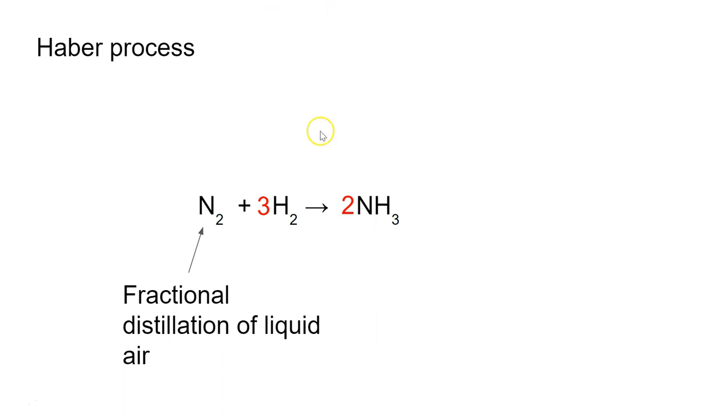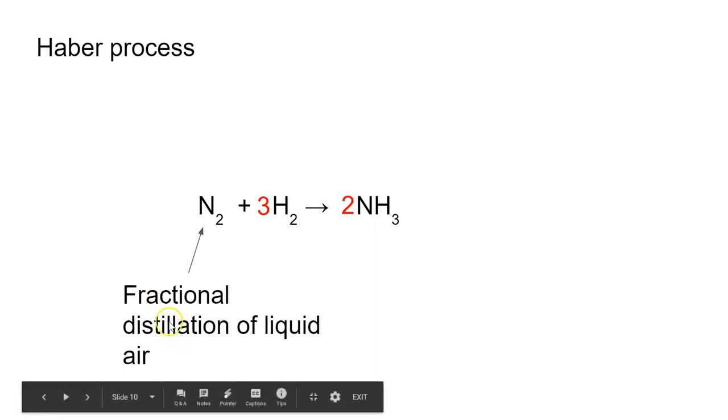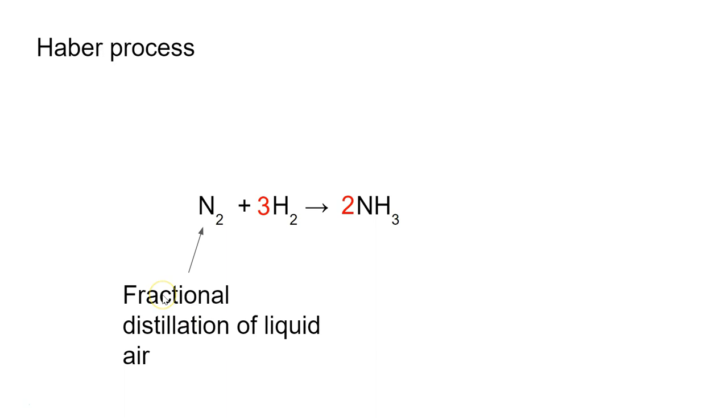Okay, so what we do is we take air and cool it down to a very, very low temperature until it becomes a liquid. And then using distillation of this liquid, we can get the nitrogen from this liquid air by heating it up to the boiling point of nitrogen.